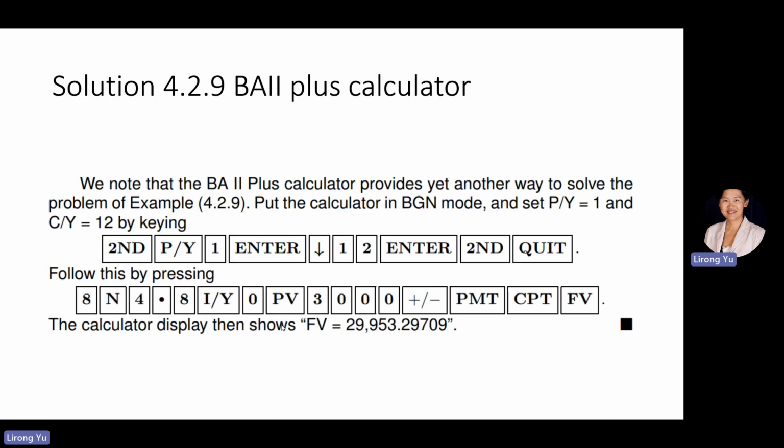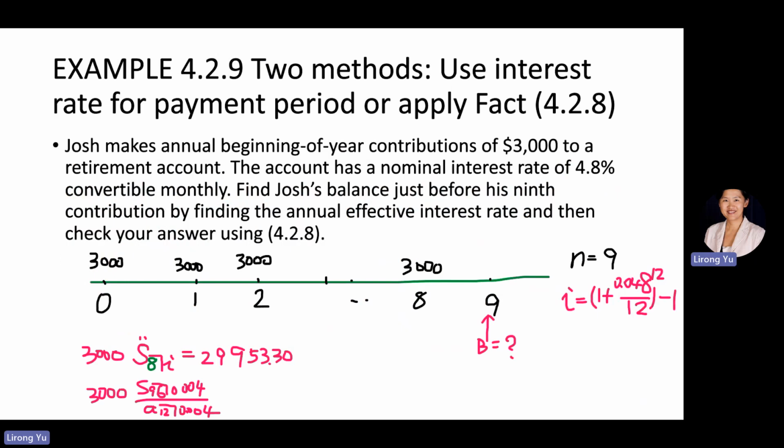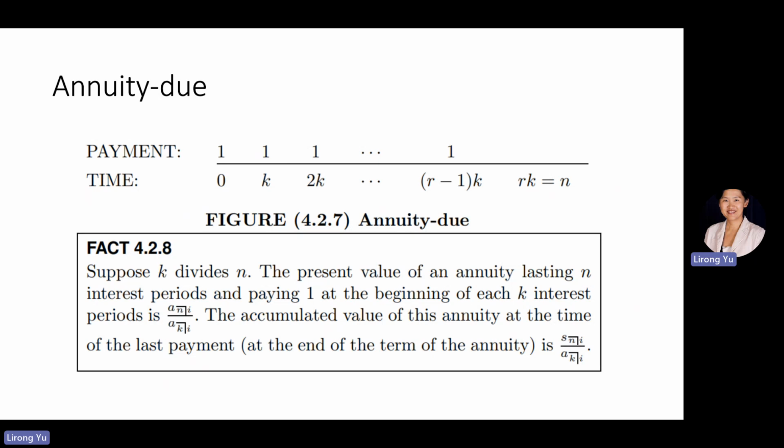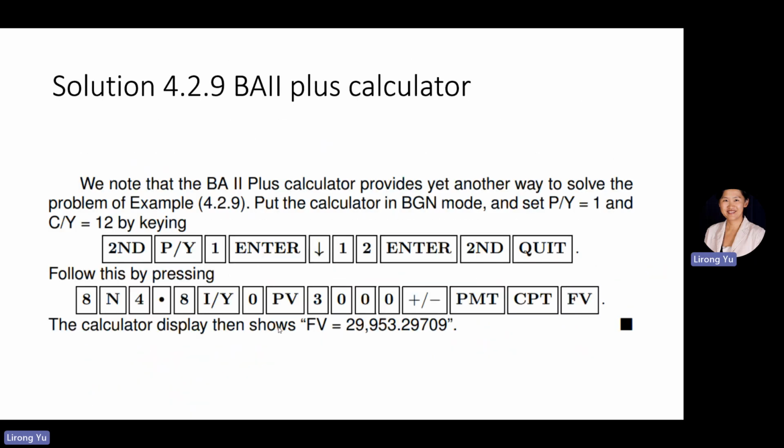You can also use the BA II Plus calculator to do the calculation, and you can use both ways. So this is what you have to key in. Number 1, since the question is talking about annuity due, a beginning of the year payment, we first have to set the calculator in begin mode, and you know how to change the mode, I hope.